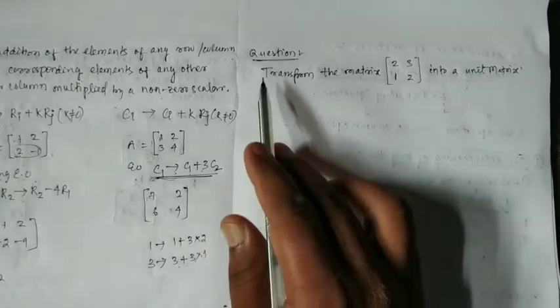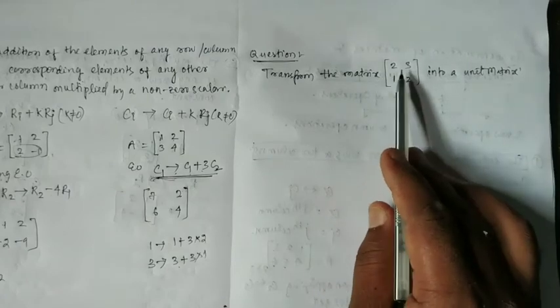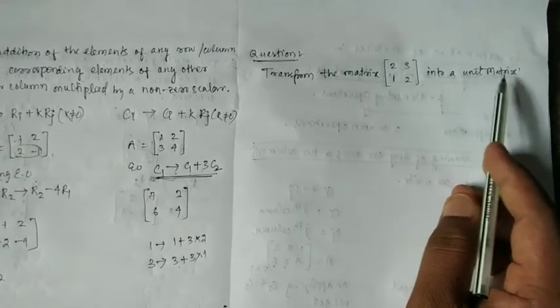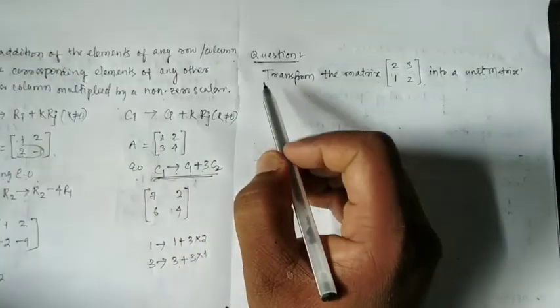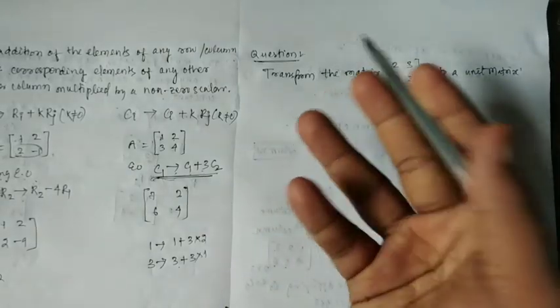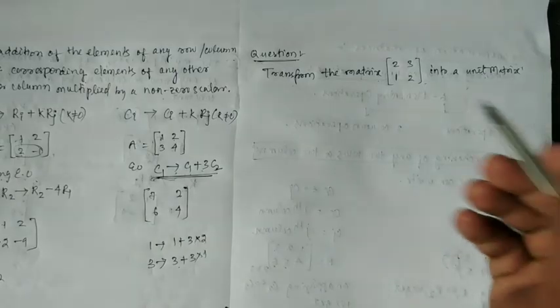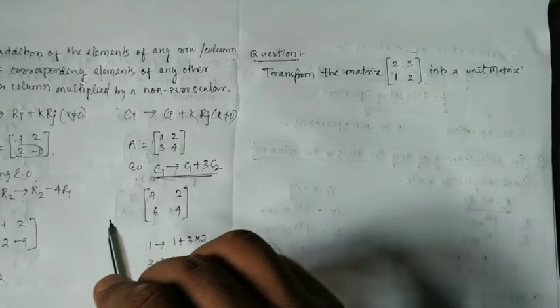Let's discuss a question here. Transform the matrix 2, 3, 1, 2, of order 2 cross 2, into a unit matrix. Here our aim is, by applying either elementary row operation or column operation, we have to transform this matrix to a unit matrix.